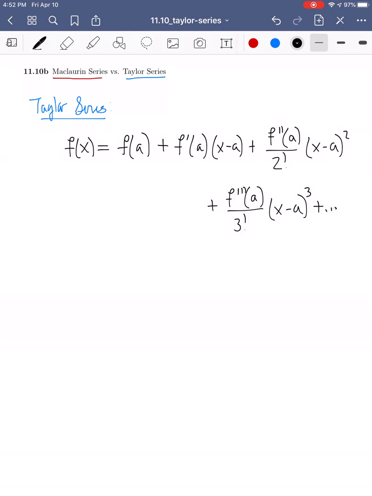Okay. And this was the general form of a Taylor series. And we said the Taylor series, again, was to find the power series of a function f of x. So again, all Taylor series are power series. And well, you might be wondering, what is a Maclaurin series?